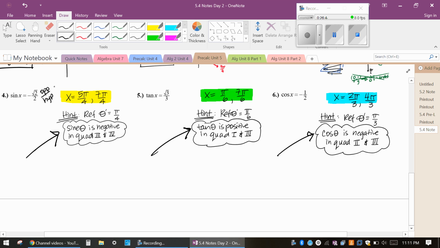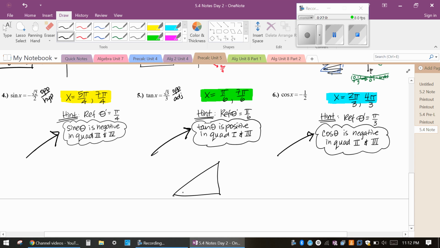So this comes from a 45, 45, 90 triangle, which is reference angle of pi over 4. Tangent is opposite over adjacent. That came from a 30, 60, 90, pi over 3, pi over 6, pi over 2 triangle. The reference angle is pi over 6.